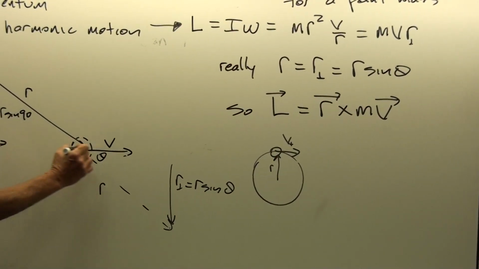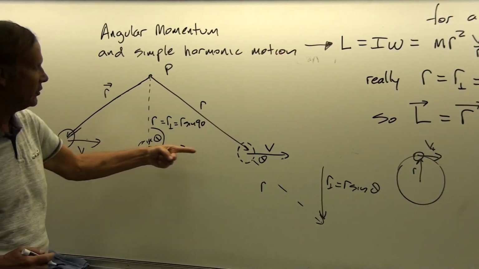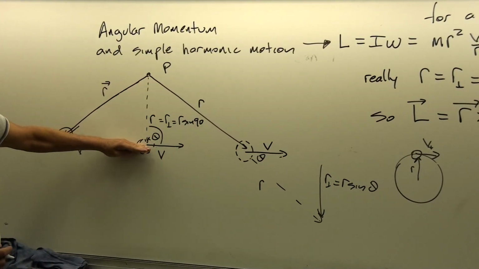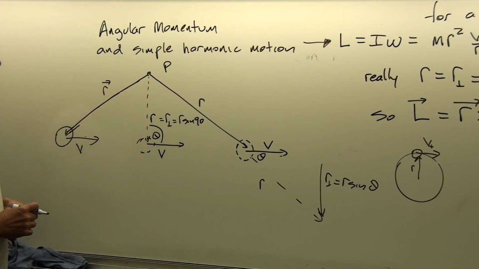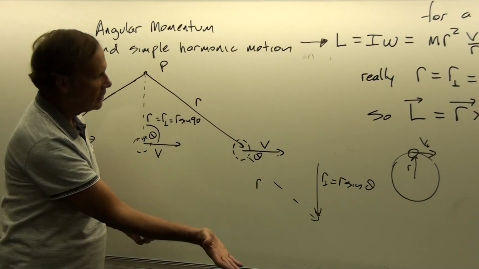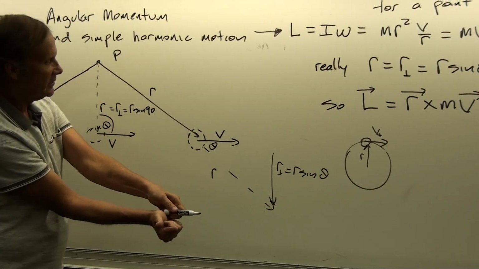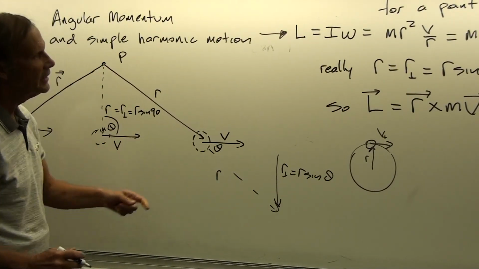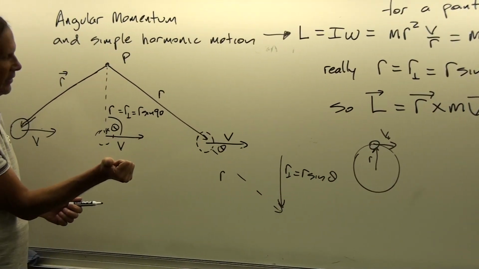So what that shows us here is that the angular momentum is constant as the mass moves across in this horizontal direction, and that the r perpendicular is the minimum distance from the point P to the point that connects in with the mass when the angle between r and mv is 90 degrees. Now we can do a vector cross product by curling our fingers from r in the direction of v, and that gives us an angular momentum vector that's perpendicular to the plane that contains r and mv, and in this case that would point out of the board.